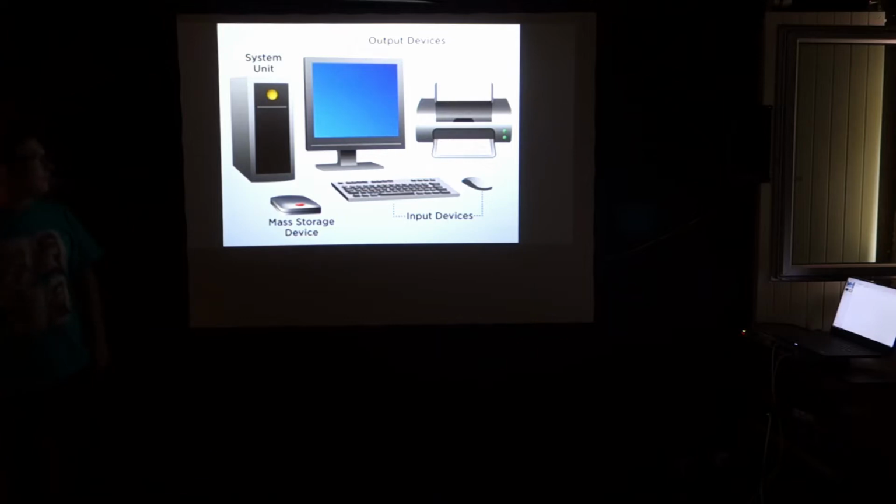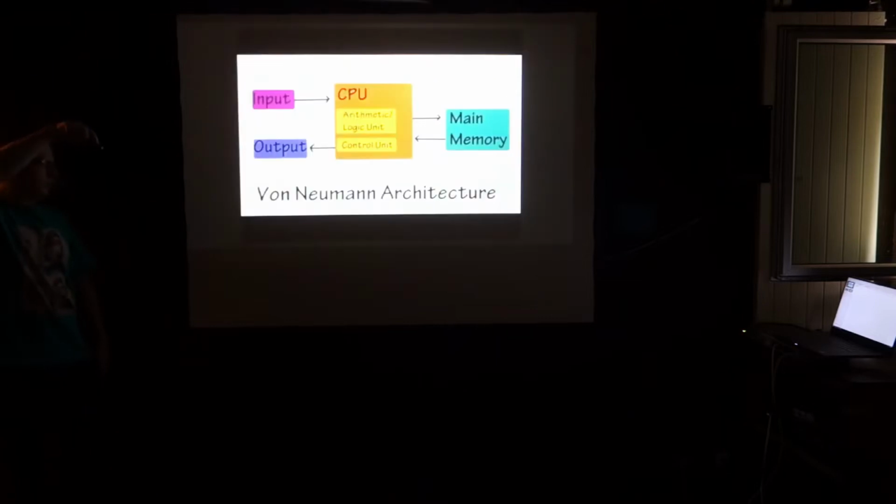And then you can go into the more conceptual part. Why is this not working? With the von Neumann architecture, for example. Who doesn't know this? Okay, so everyone knows this. So yeah, let's skip this part.